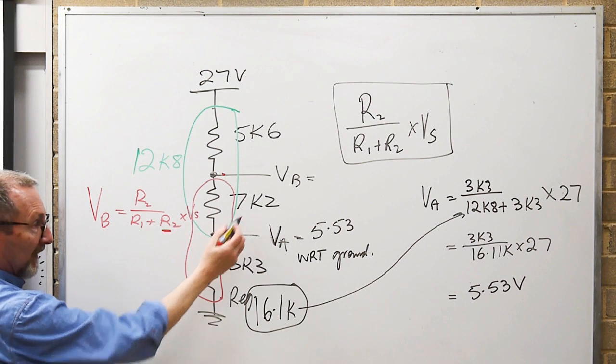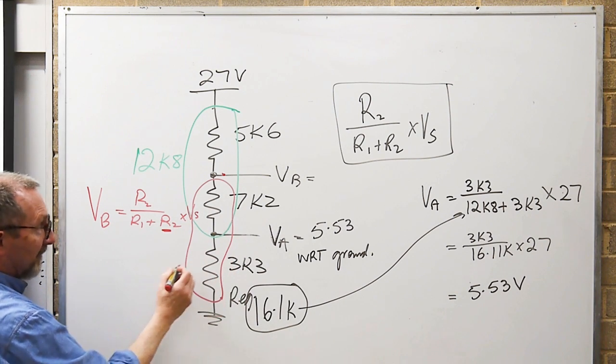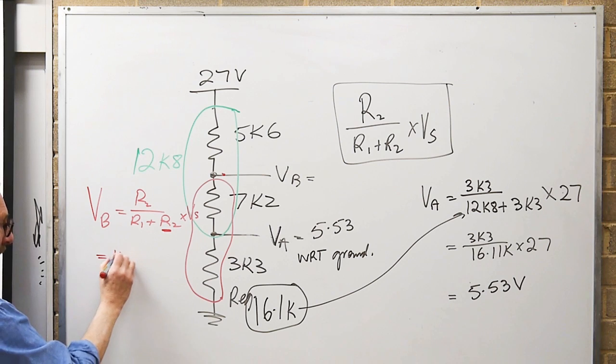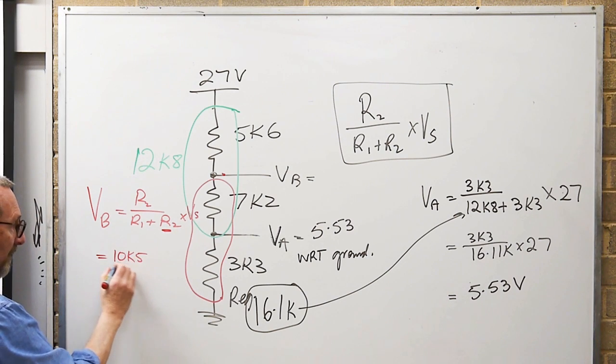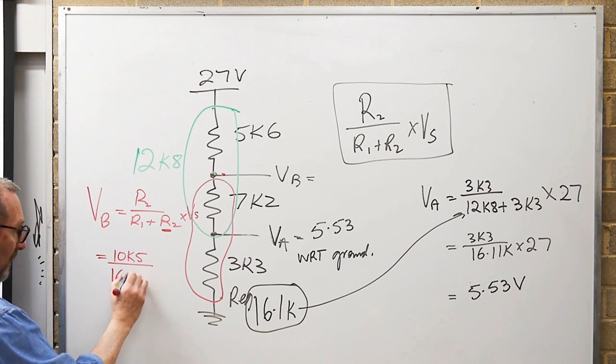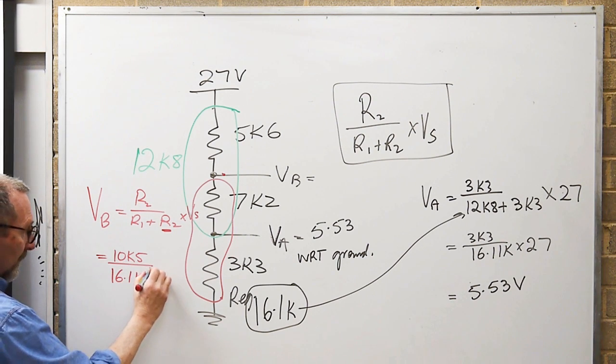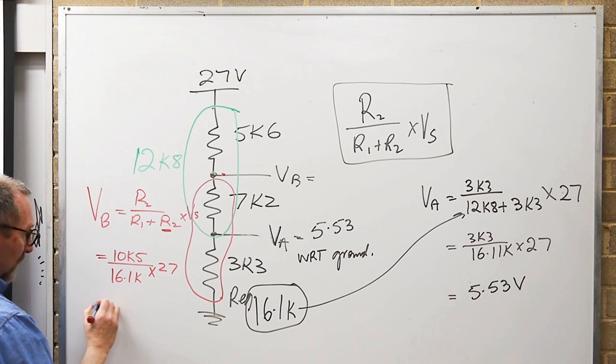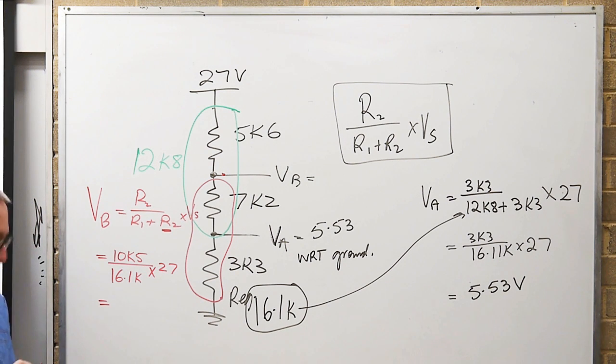So it'll be 7K2, 10K5. 10K5 divided by 16.1K times 27. 10,500 divided by 16,100 times 27. 17.6 volts.